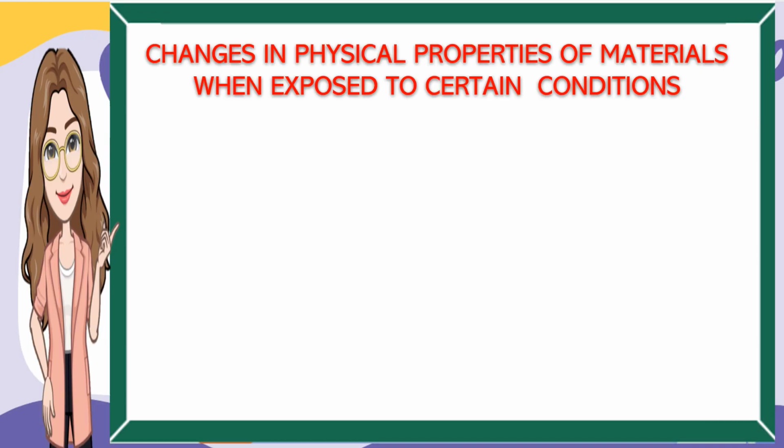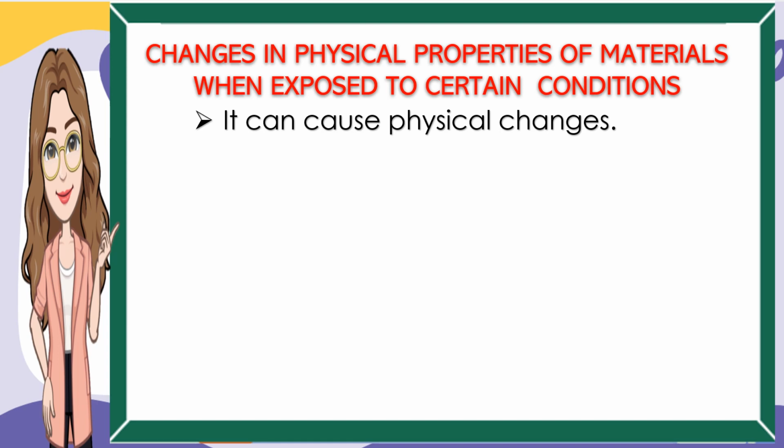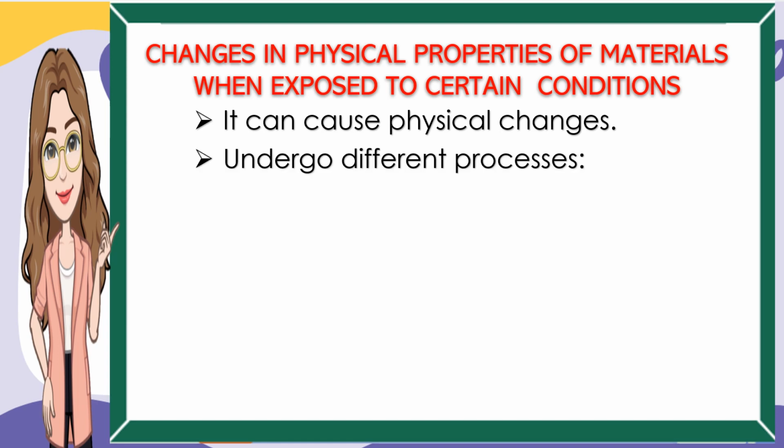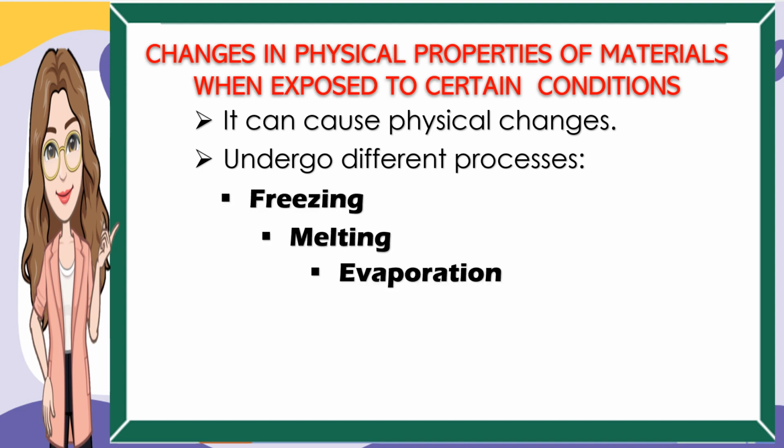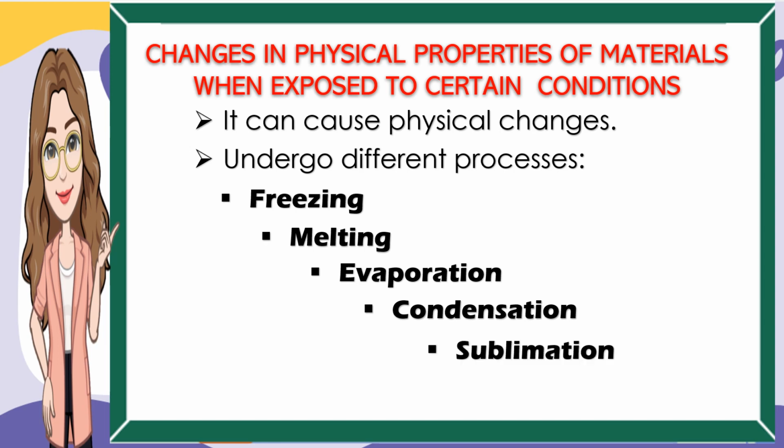The changes in physical properties of materials when exposed to certain conditions such as temperature will cause physical changes. It also undergoes different processes such as freezing, melting, evaporation, condensation, sublimation, and deposition.